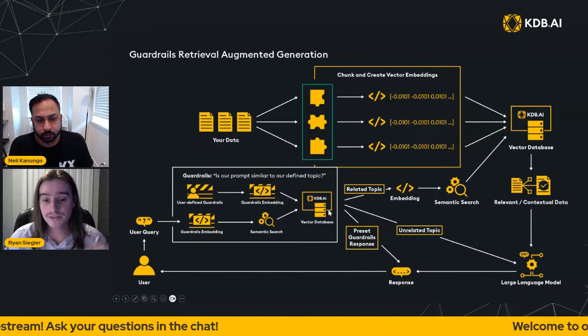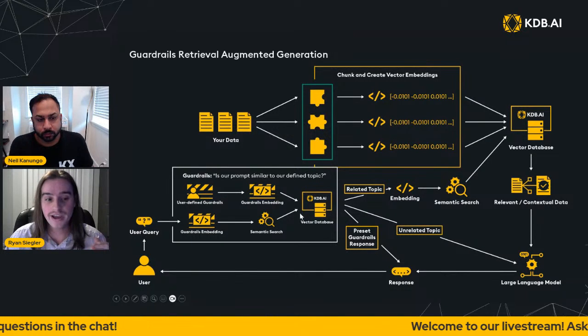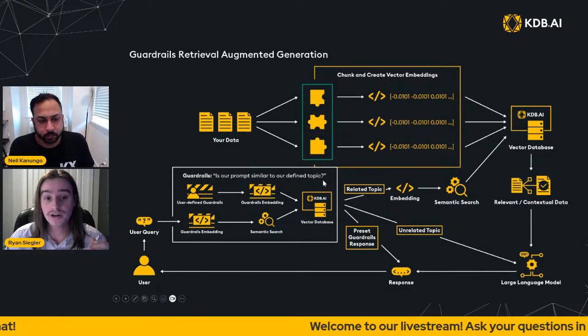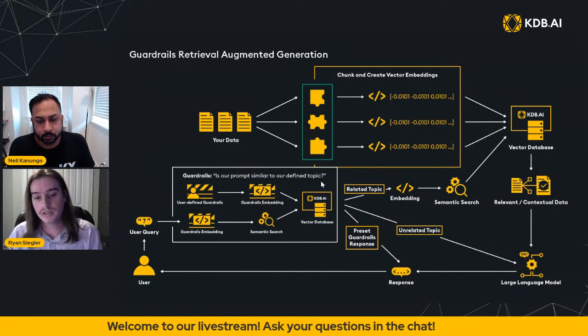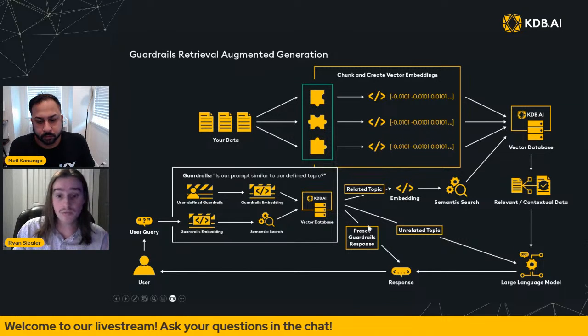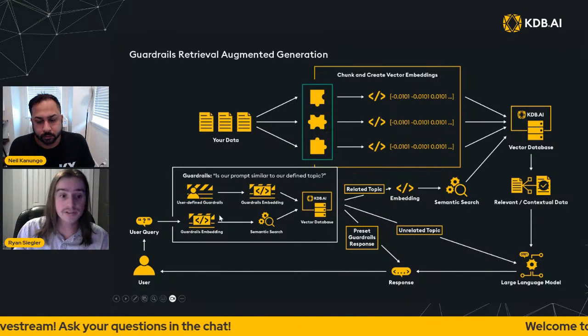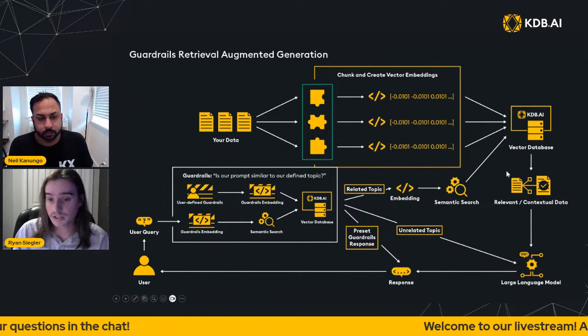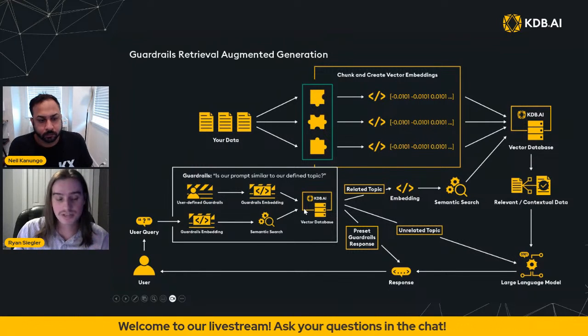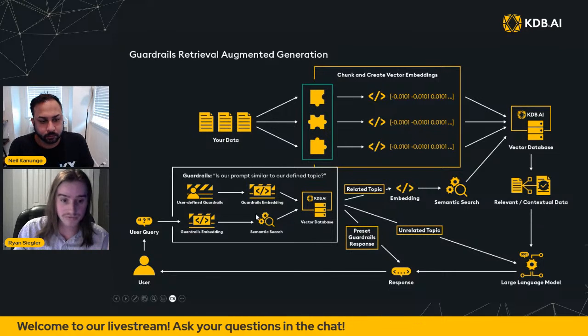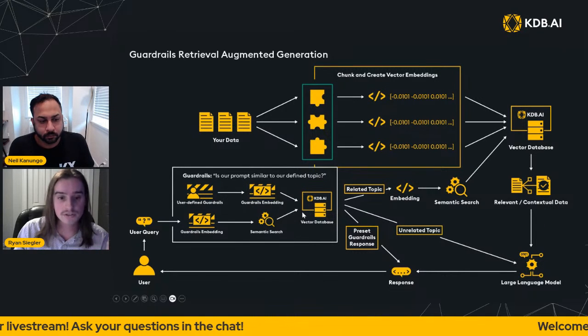The big benefit is the flexibility to create specific topics that we want to control the conversational flow with. We can say we're not going to talk about politics, or this is actually related to our data, so we're going to kick off the RAG pipeline. It's a decision-making process, but the nice thing is it doesn't take a call to the LLM. You're just doing a very fast similarity search in a vector space.